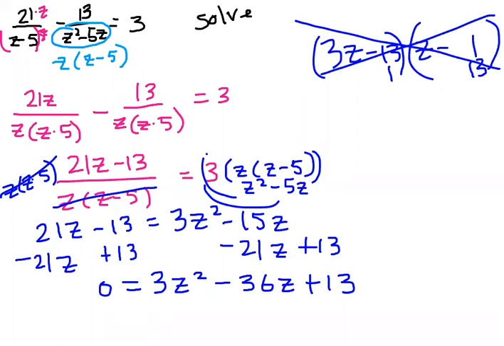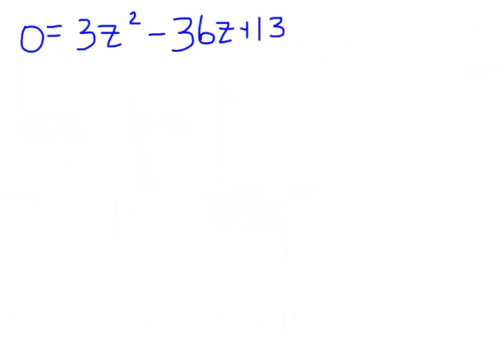So I'm going to rewrite this equation: 0 equals 3z squared minus 36z plus 13, and we're trying to solve.